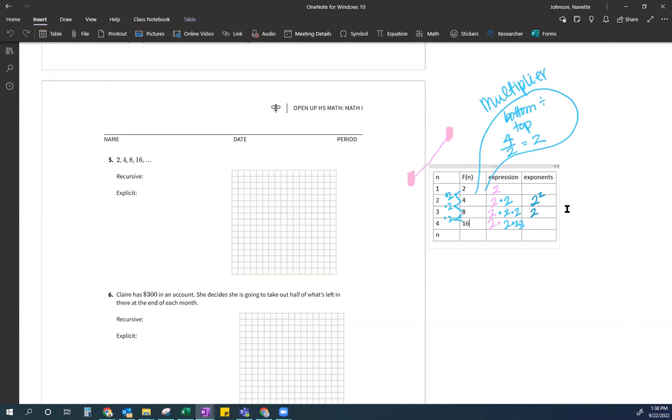And if you look, this guy is exactly the same this time. Oh my gosh, this 4 matches this 4. So you already know what this expression is going to be, right? What is this expression going to be for n? Try that out.